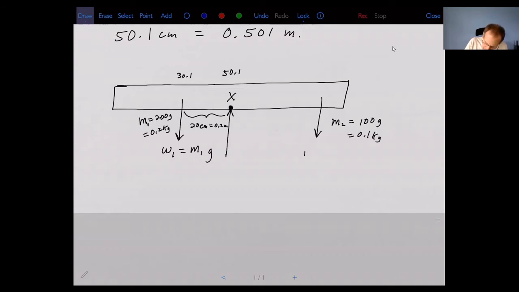So that means I can calculate the force, which is just the weight, W2, it's going to be M2G. And when I did this experiment, I found that it balanced when it was hanging at 90.